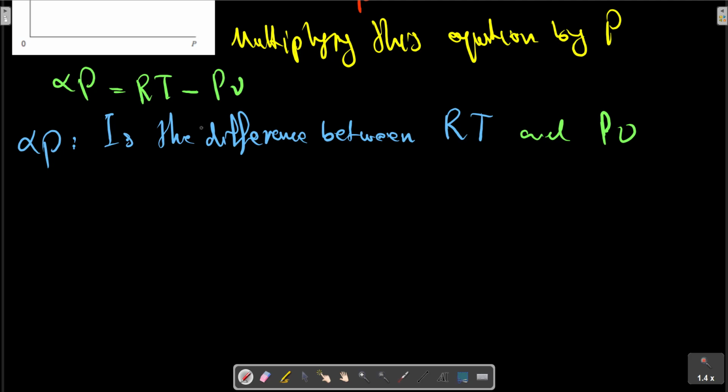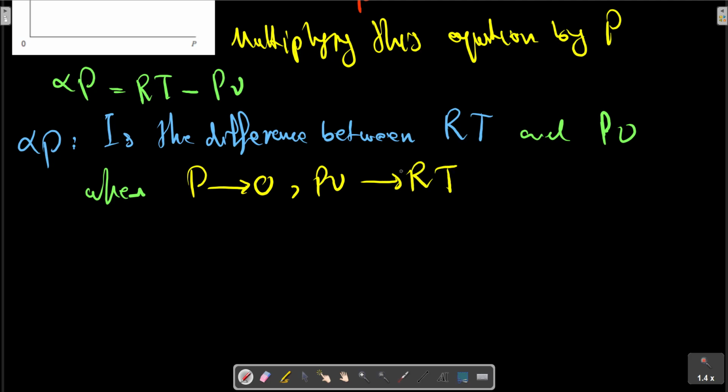Now we can calculate that when P goes to 0, it does not necessarily follow that alpha goes to 0.